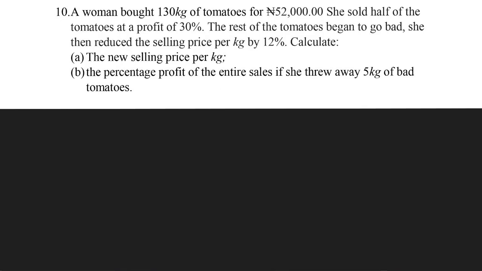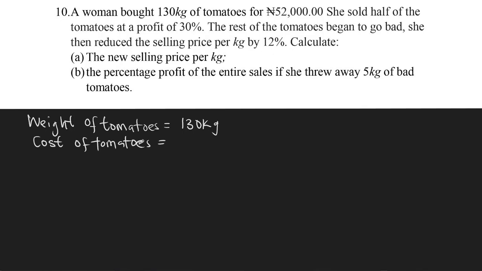So from the question, we know the weight of the entire tomatoes is 130 kg. So we say weight is equal to 130 kg, right? Then the cost of the tomatoes was 52,000 naira. Now, remember the question says that she sold half of the tomatoes at a profit of 30%.